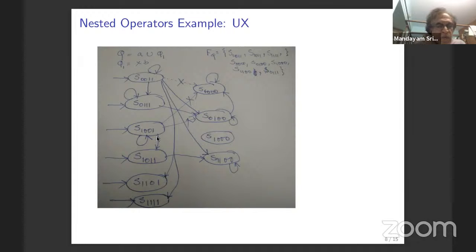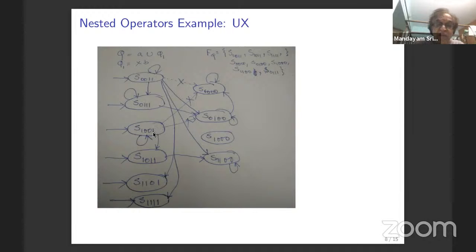Now, what is of interest is this state. Okay, this is the state like S1001, which is what necessitates for you to have this fairness constraint. Okay, so here, phi 1 is in its positive form, okay, but it's not yet true.